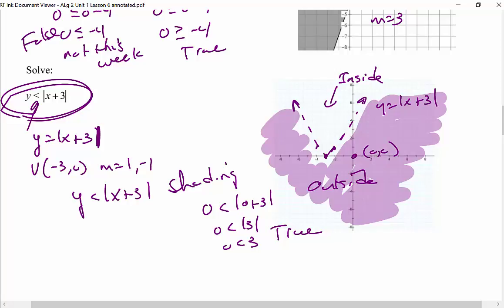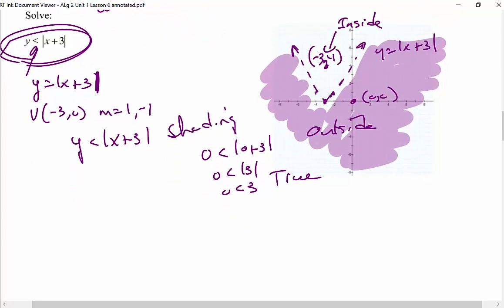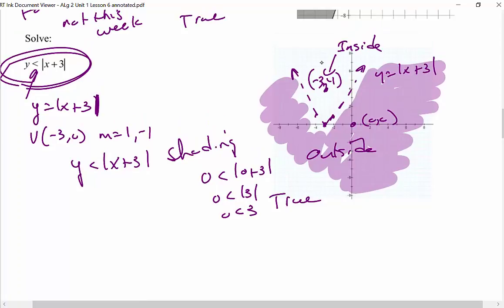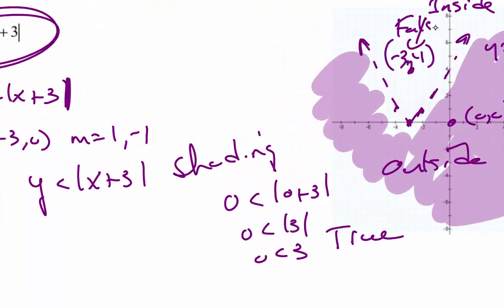Now, let's take a moment and make sure we prove this. If I find a nice point inside the absolute value, like (-3, 4), and plug that in, it's supposed to come out false. (0, 0) came out true.